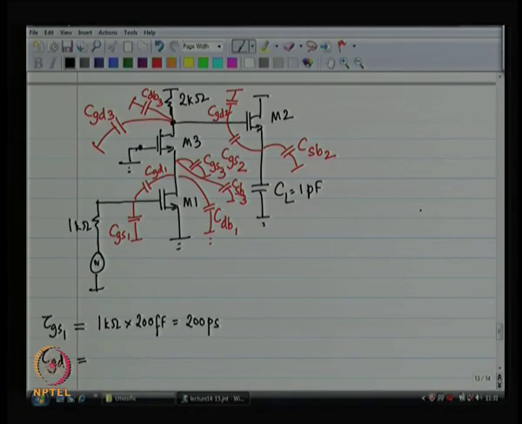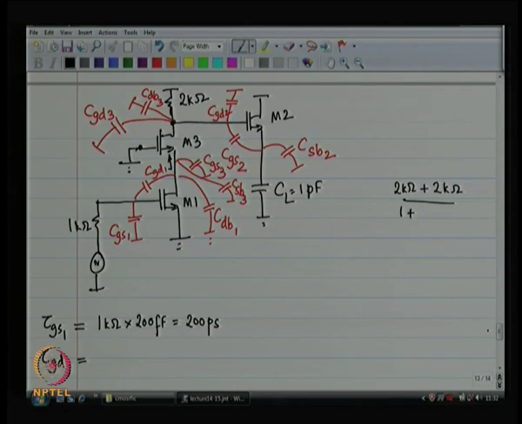So, first of all, what is the resistance that you see looking upwards? The resistance that you see looking upwards is given by one of our two formulae. So, it is 2 kilo ohms plus 2 kilo ohms divided by 1 plus GM times RDS. Is it just GM or GM plus GMB?